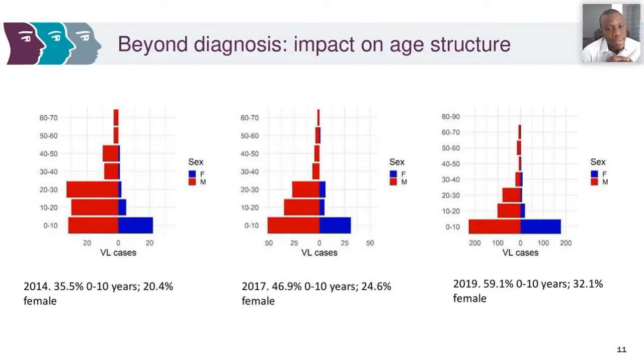We've also seen, by analyzing the data from the various epidemics, that there's a shift in the demographics in the age structure. We went back to look at the 2014 epidemic compared to 2017 and 2019. In 2014, the cases aged 0 to 10 years were 35%, but this is gradually increasing. In 2017, it was 47%. In 2019, it's 59%.